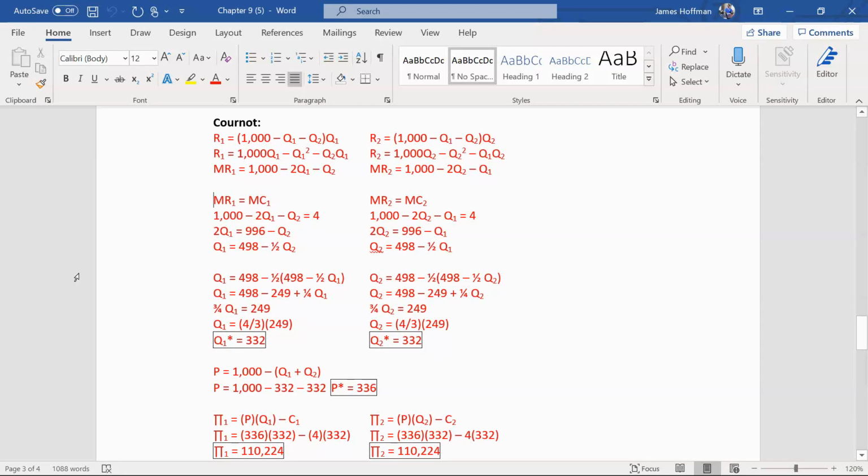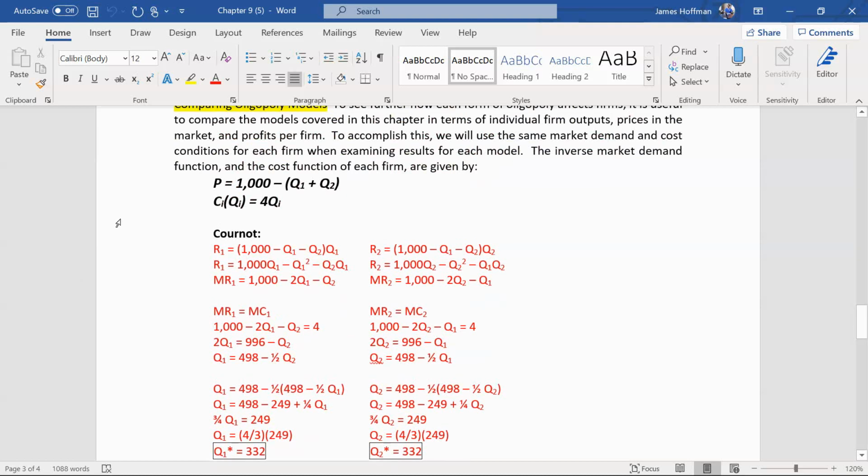Okay, so now we're going to find the reaction function of both firms, which is set their profit maximizing condition, set that up, and then find the optimal Q1 star and Q2 star. So first we have firm 1, MR1 equals MC1. MR1 is what you just found, which is 1,000 minus 2Q1 minus Q2.